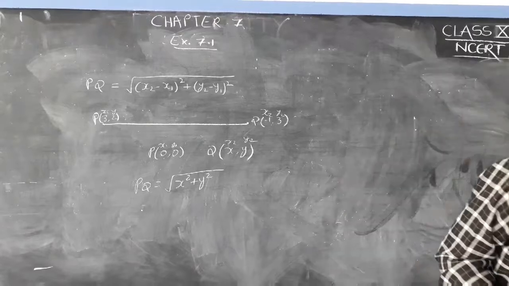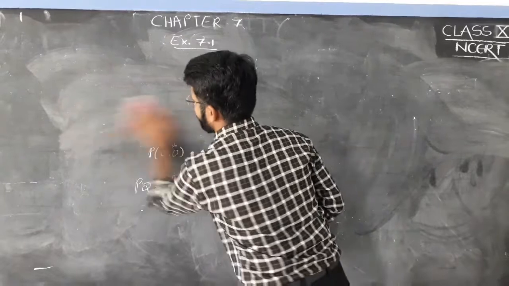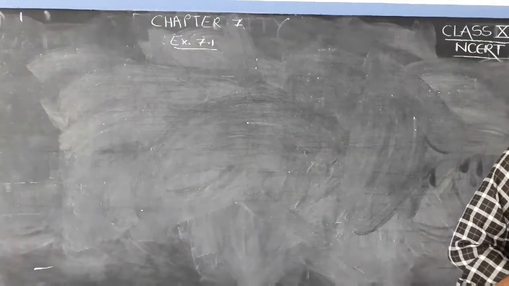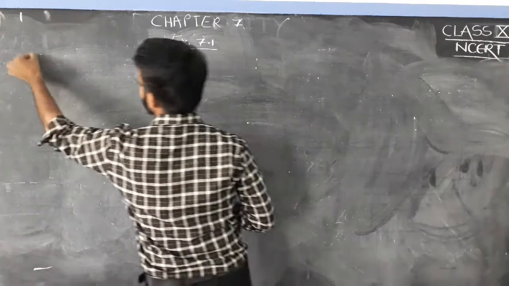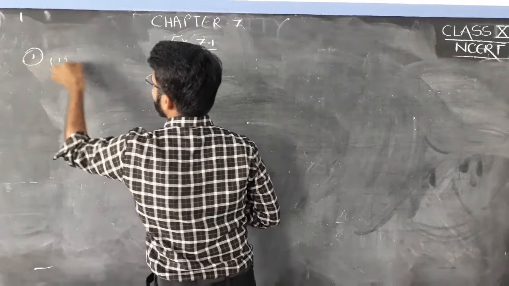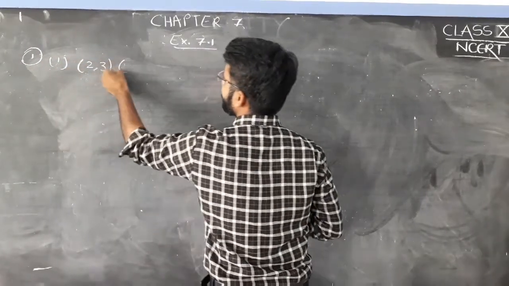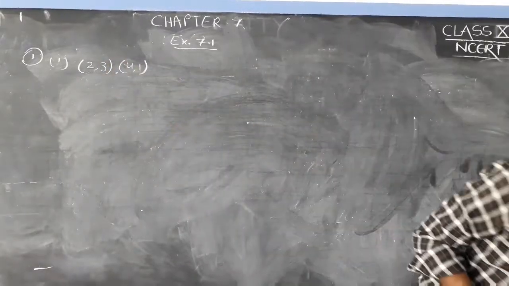Now let's start exercise 7.1. The very first question of exercise 7.1 is: find the distance between the following pairs. The first one is 2, 3 and 4, 1. The first point is 2, 3 and the second point is 4, 1.